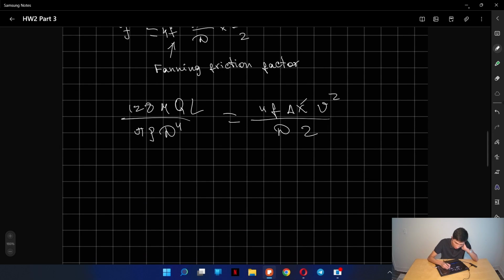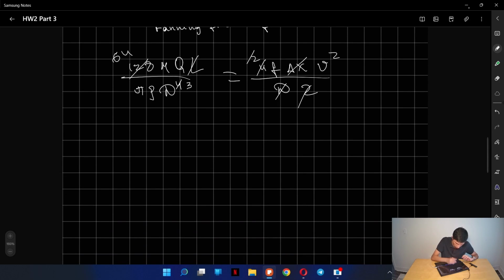And I know that delta X is equal to our length. I'm going to cancel the diameter, so we're left with diameter cubed. This is going to cancel, this is going to be 2, and this is going to be 64.